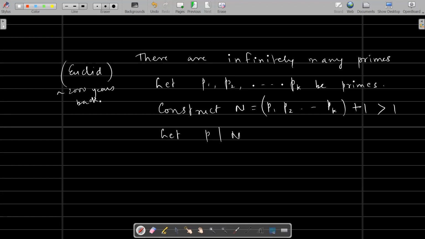So let n equal the product of P1, P2, up to Pk plus 1. Yeah, so by the fundamental theorem, either n is itself prime or it has some prime factor. So let P be a divisor of n, where P is prime. And possibly P could be even n.